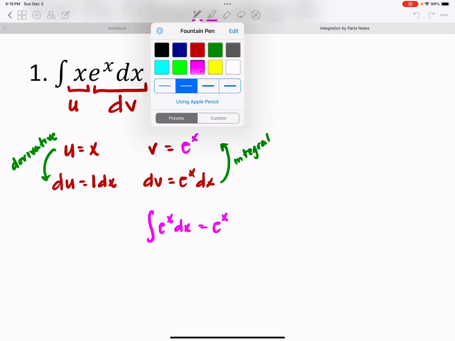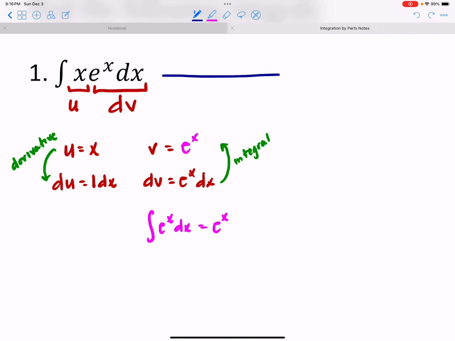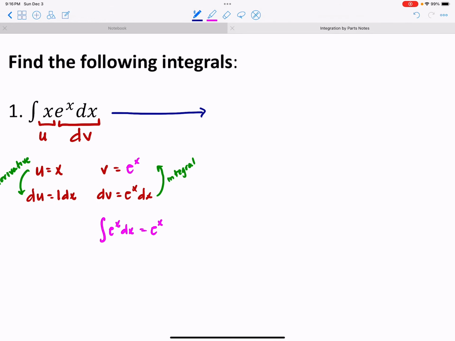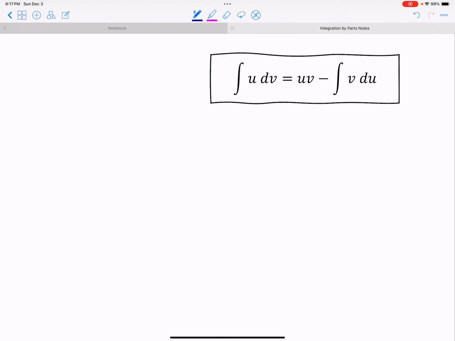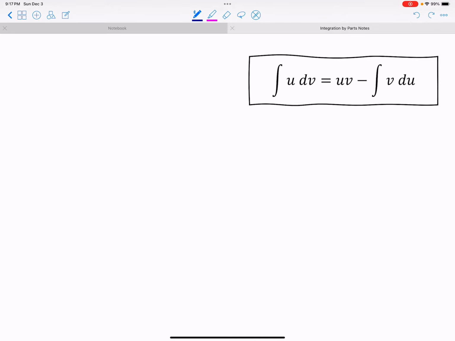Okay, so now I'm going to go over here and apply the formula. So this is going to be equal to, remember our formula here, we have u times dv. We've already established what u was, what dv was. Now this is what it's going to be equal to. So it's u times v minus the integral of v times du.